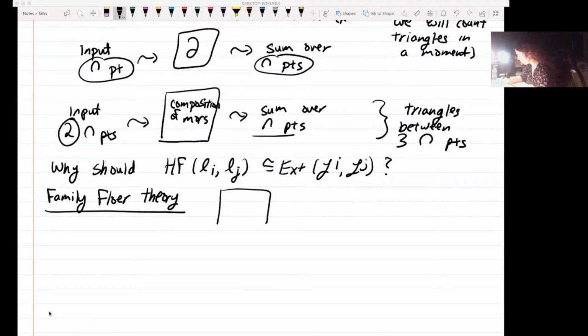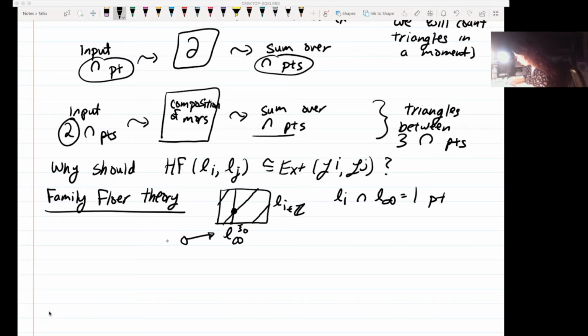So if you recall in this picture, we have this vertical Lagrangian, and we have other Lagrangians like this. So any integer slope Lagrangian Li intersects this vertical Lagrangian in one point, which is determined by the C where this is at.